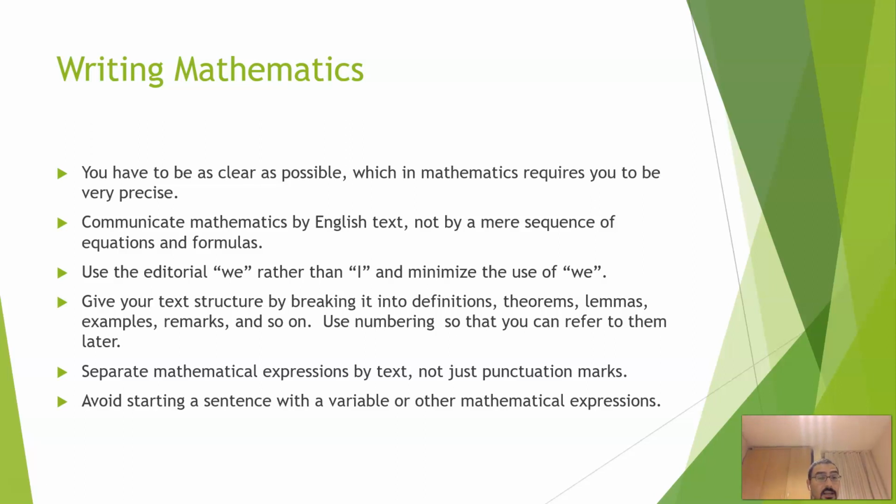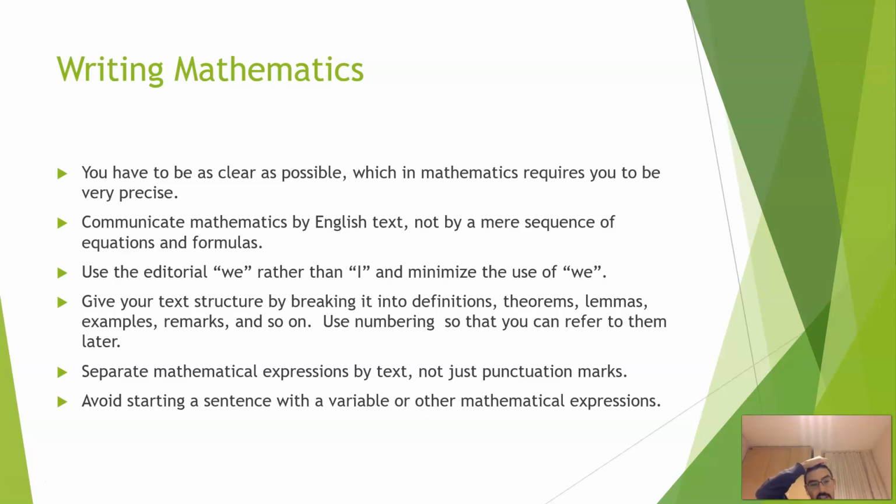All right. Next is: separate mathematical expressions by text, not just punctuation marks. This is important. If you separate mathematical text by punctuation marks, it usually becomes a little bit ambiguous and hard to follow. So you should use text if necessary to separate mathematical expressions.